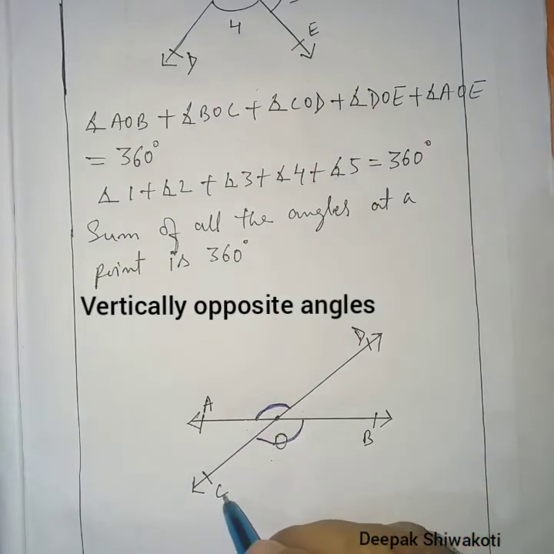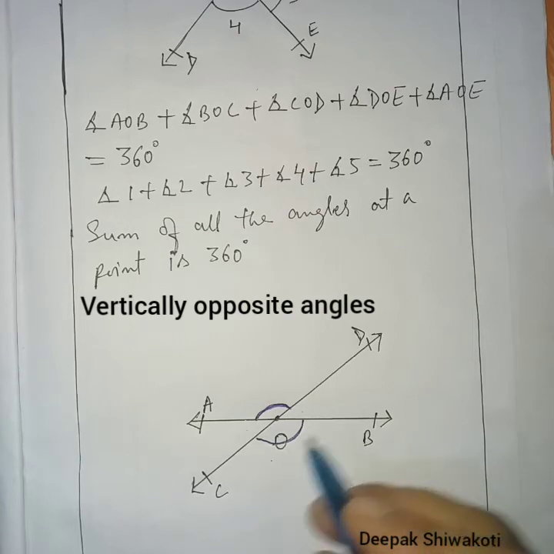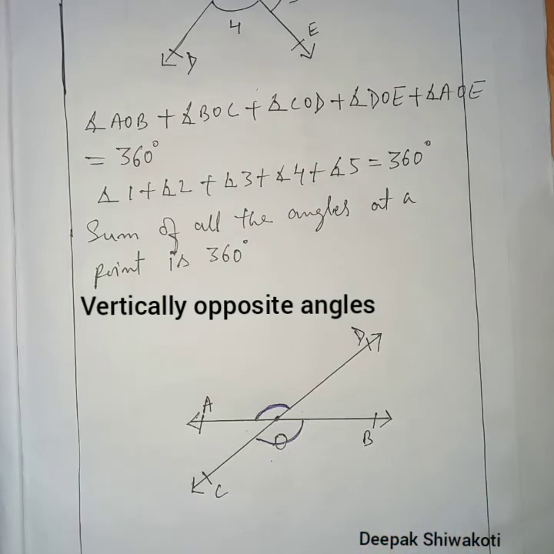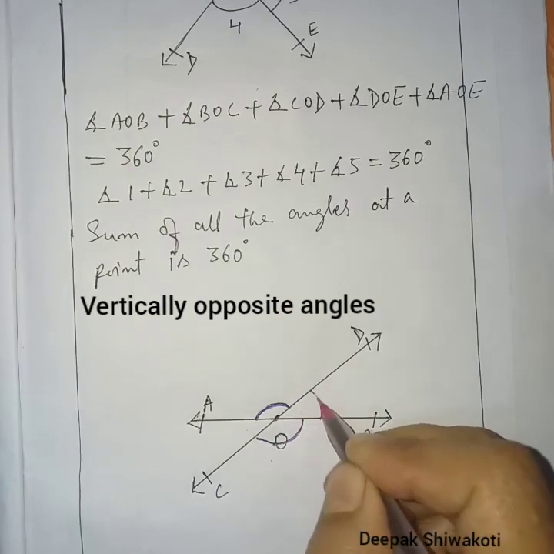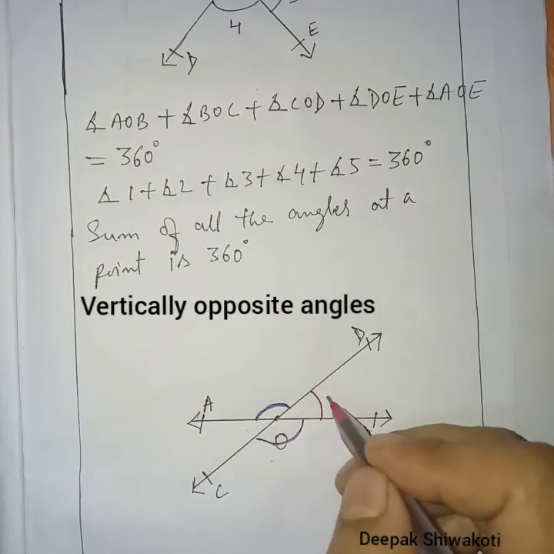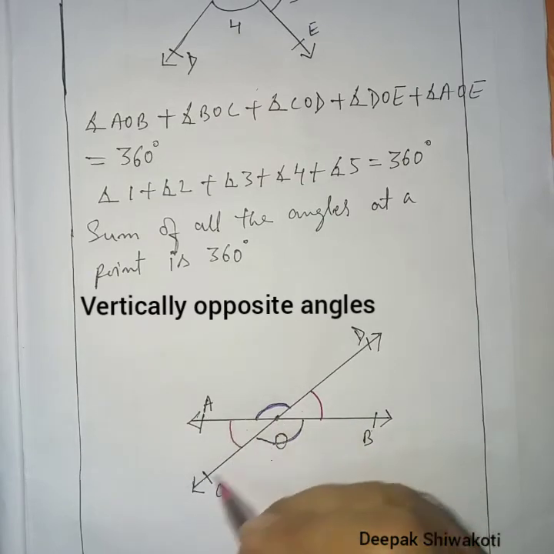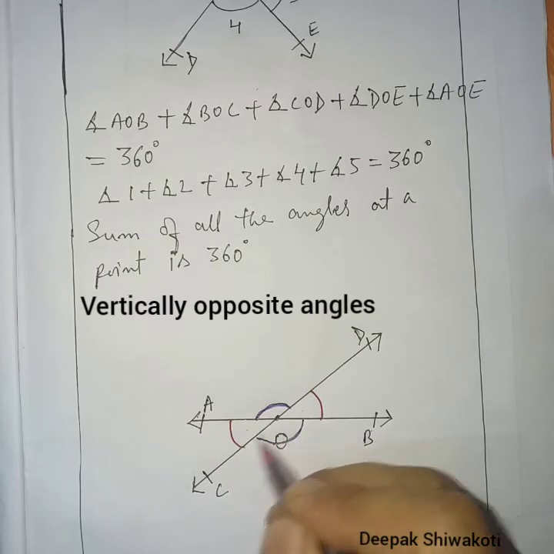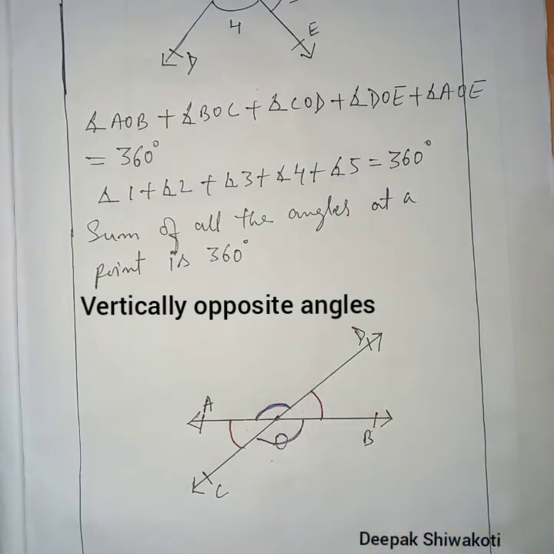That is angle COB, or you can call it angle BOC. And similarly, angle BOD is opposite to this angle AOC. They are opposite to each other, these two angles, and these two angles are opposite to each other.